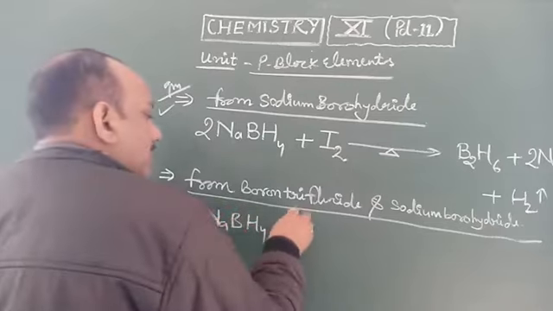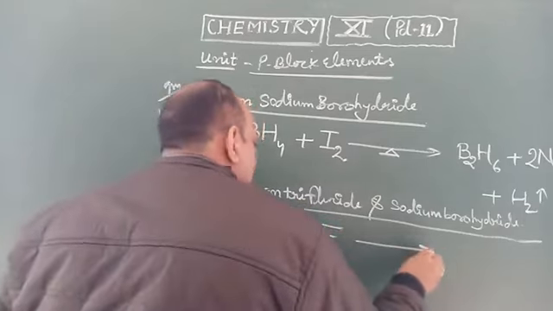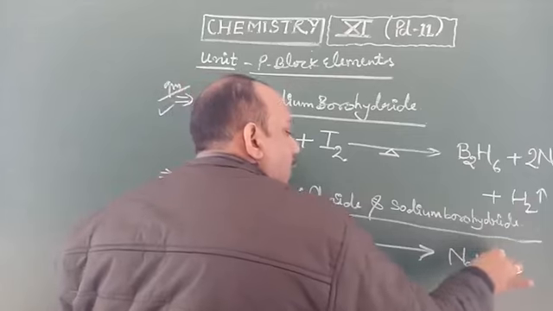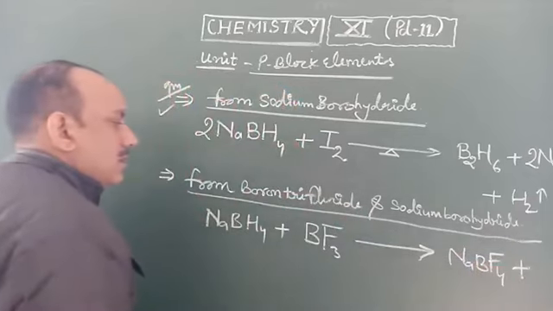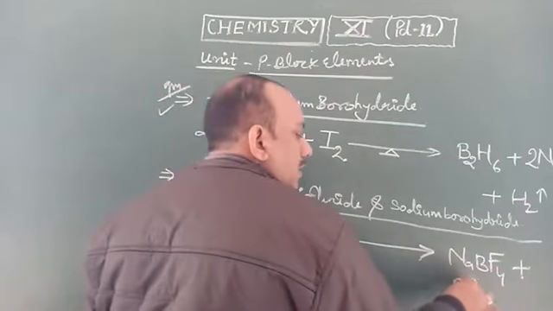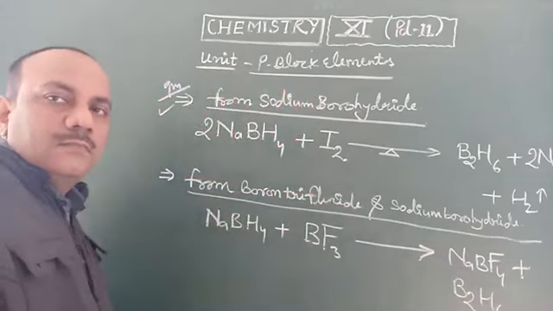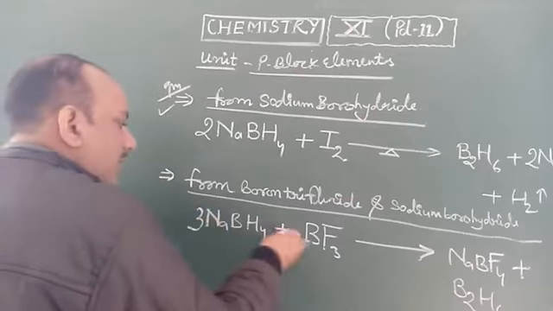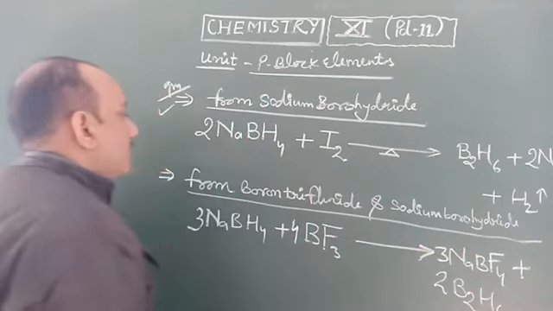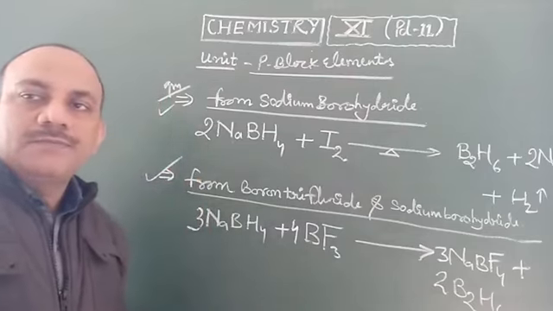It reacts with boron trifluoride, BF3, and makes an interchange compound NaBF4 and diborane, B2H6. For balancing, 3, 4, 3 and 2. So these are the preparation methods of diborane.